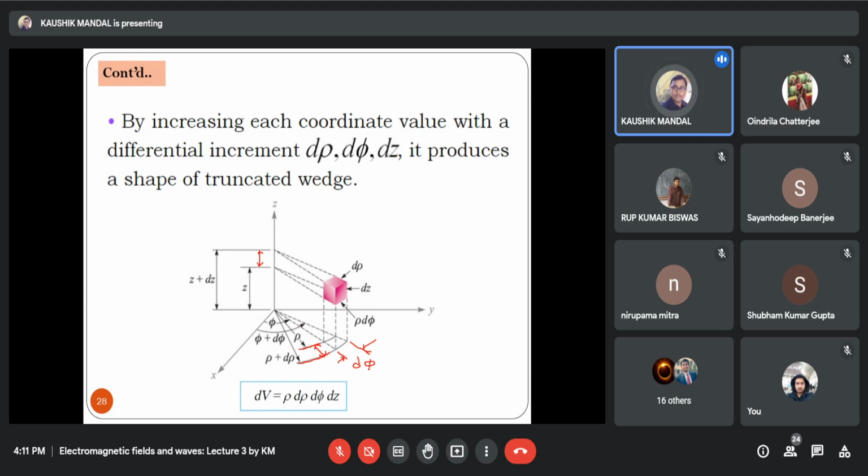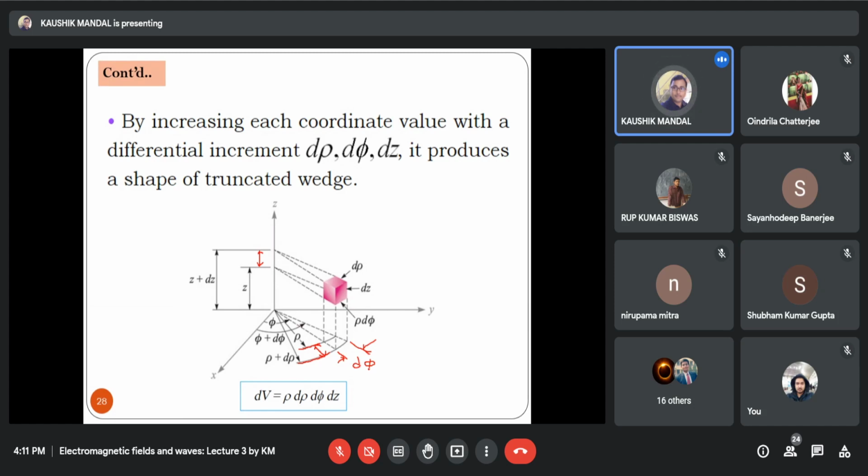After considering this increment for three different coordinate axes in the cylindrical coordinate system, physically you have increased the radius by d rho, the height by dz, and the angle by d phi.